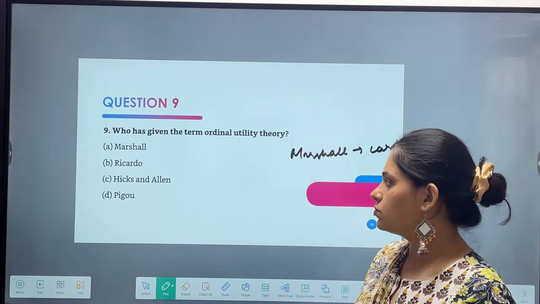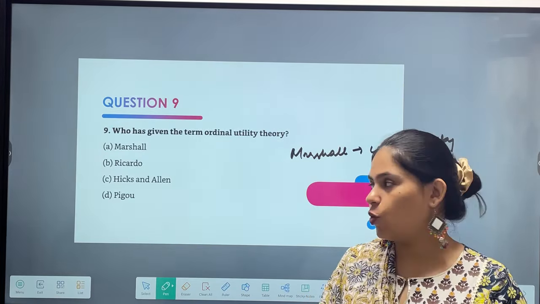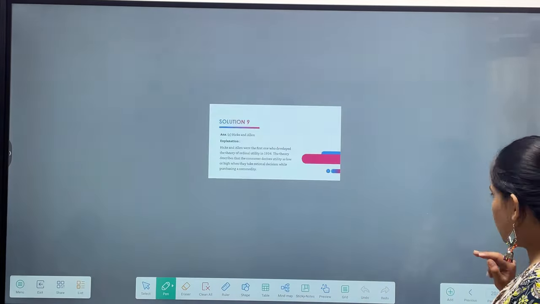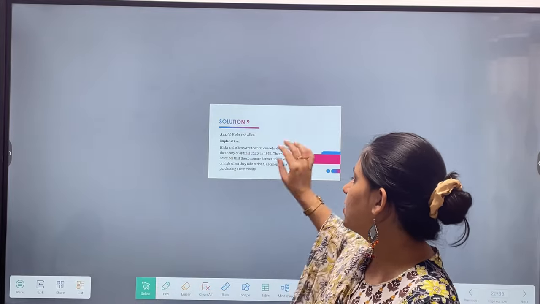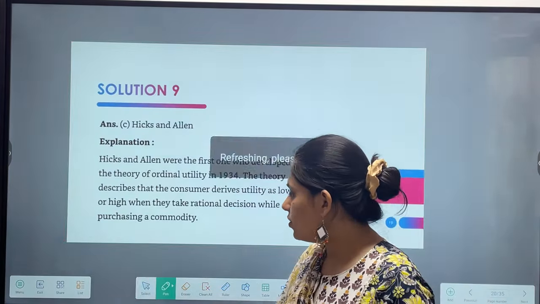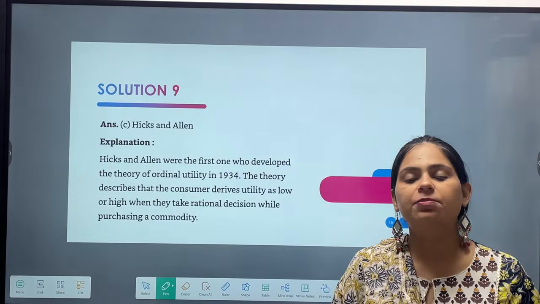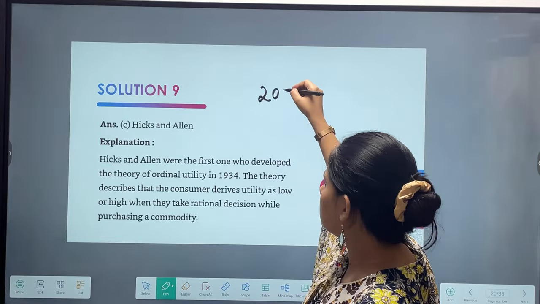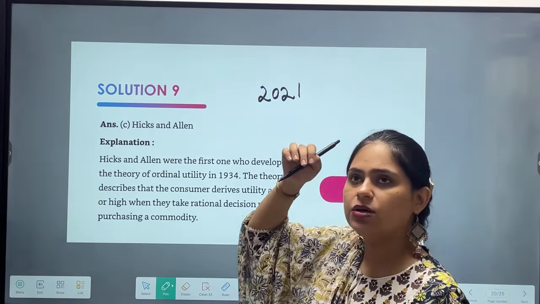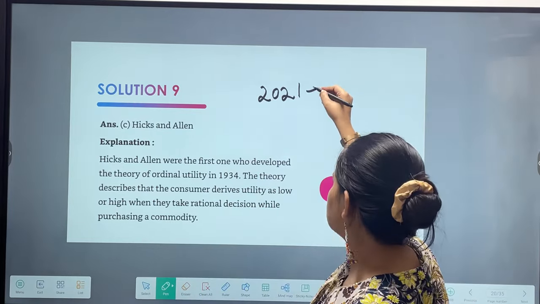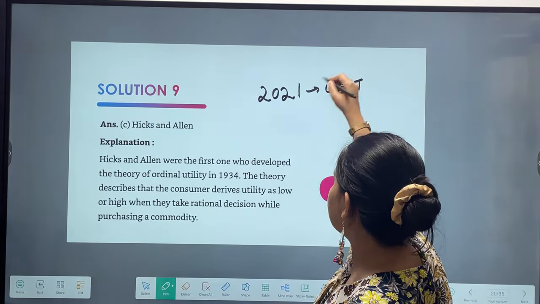Okay, let's go ahead and see it. It was derived by Hicks and Allen. This has been asked in, I think, the 2021 or 2022 CUET paper. It came in that exam. Who derived the concept of ordinality?